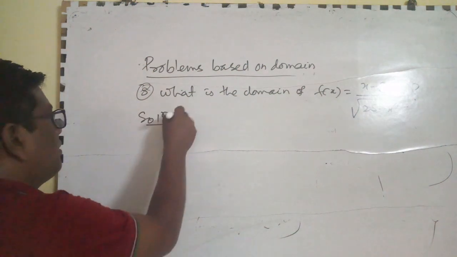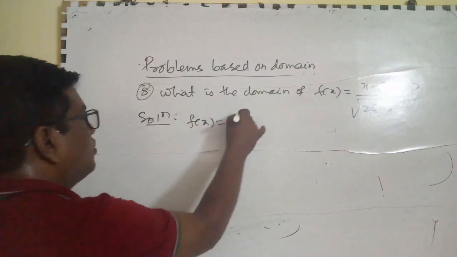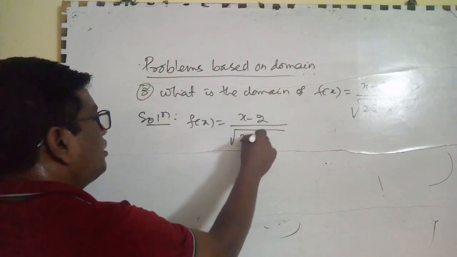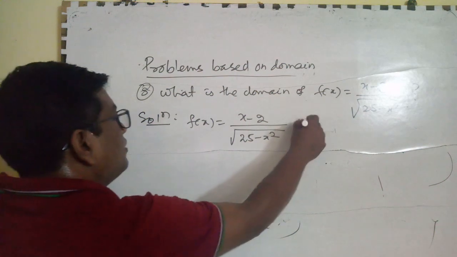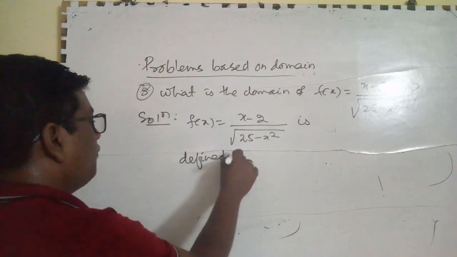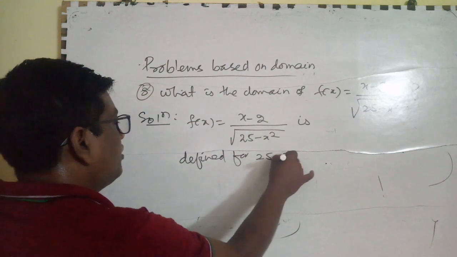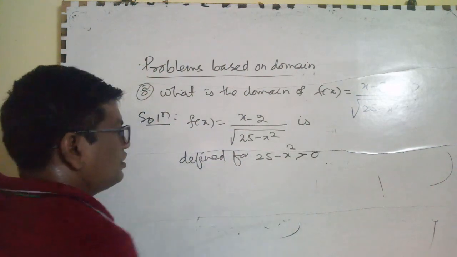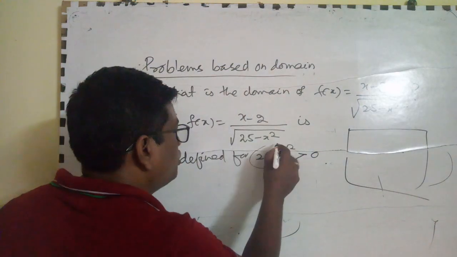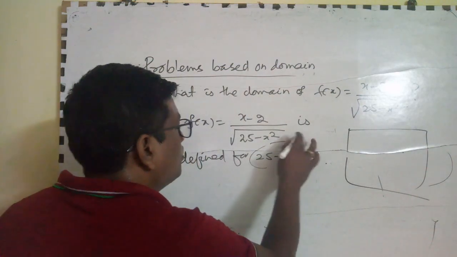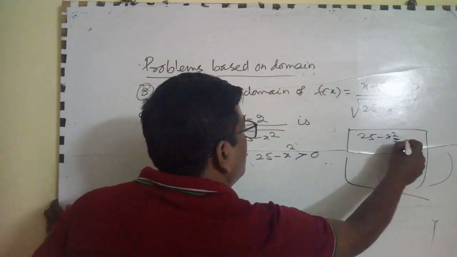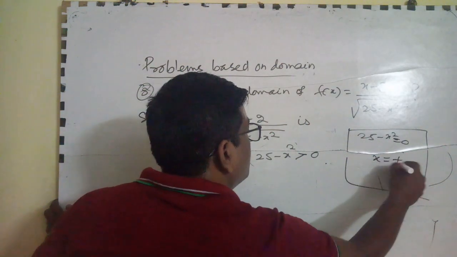Solution: f of x is equal to x minus 2 divided by root over 25 minus x square, which is defined for 25 minus x square greater than 0. Rough work: if 25 minus x square is equal to 0, then we get x is equal to plus or minus 5.